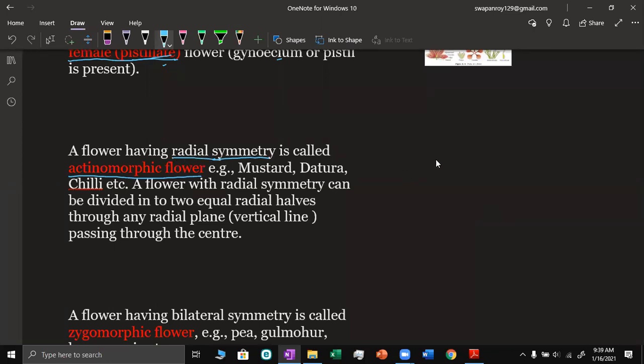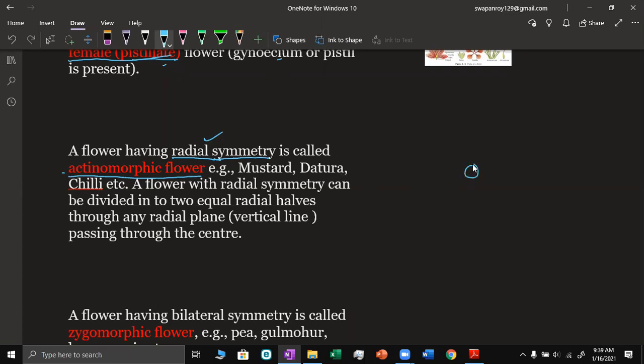Radial symmetry means the flower base is circular, and all the floral parts are arranged in a definite regular pattern. Those flowers have radial symmetry and are actinomorphic.